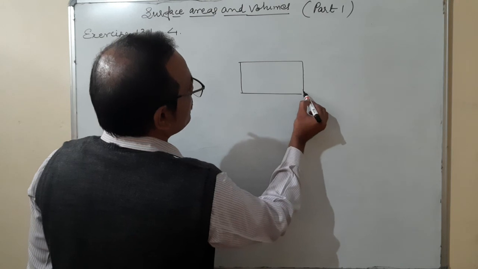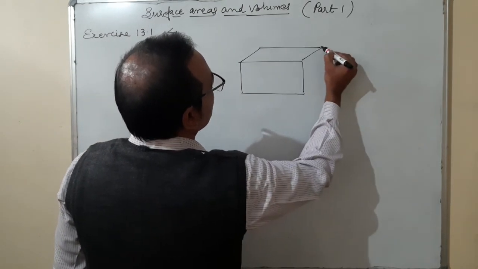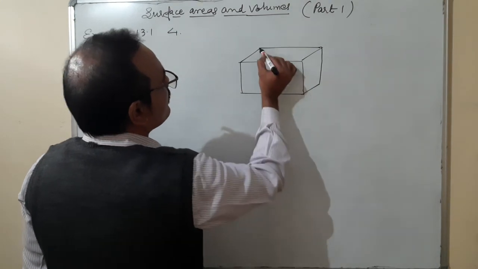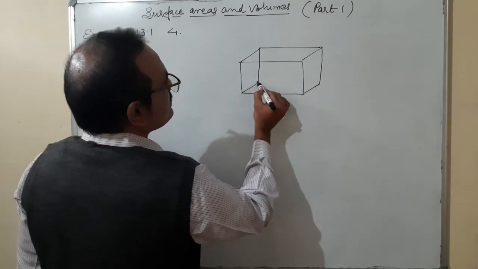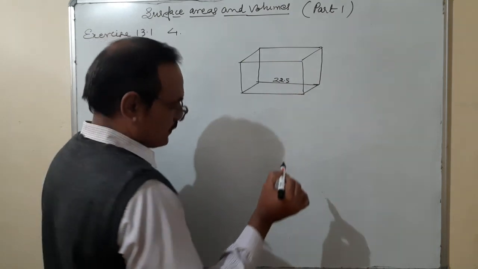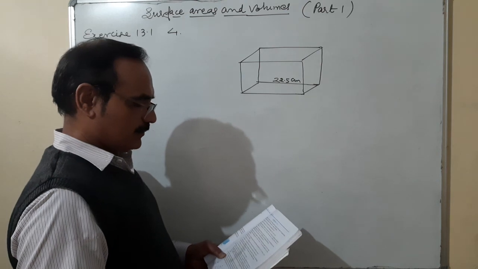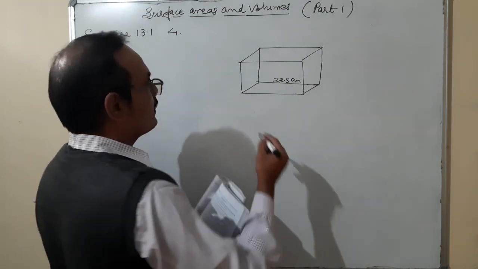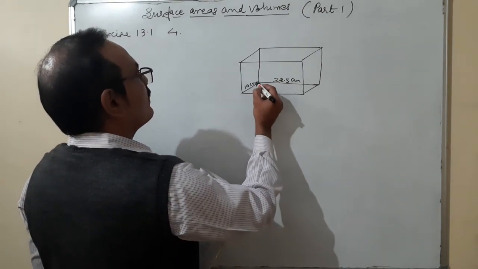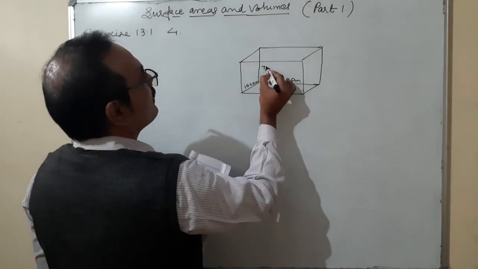The brick is in the shape of a cuboid. Dimensions are given: 22.5 centimeter, 10 centimeter, and height is 7.5 centimeter.